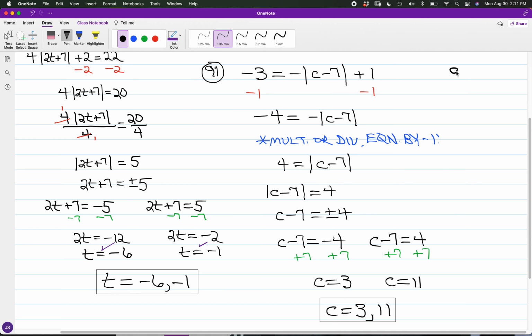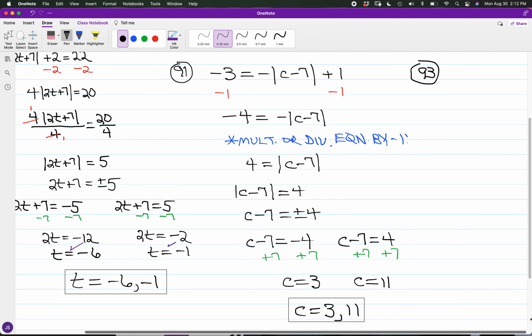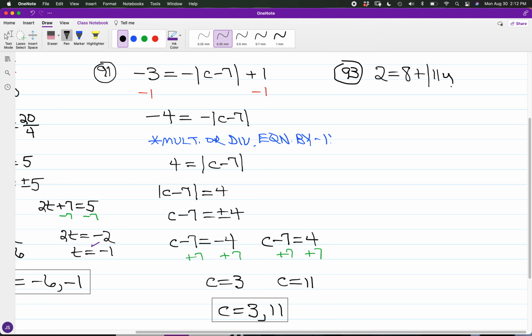In this equation, we have 2 is equal to 8 plus the absolute value of 11y plus 4, and I want to get the absolute value term by itself. I can do this by removing 8, deducting this amount from both sides.